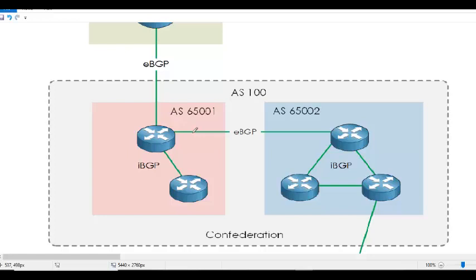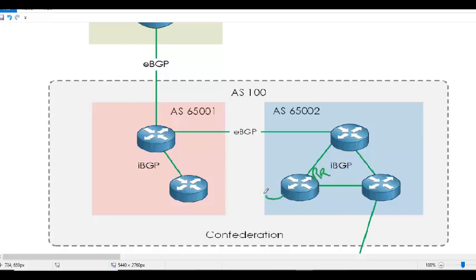Now, in BGP, we also see something called cluster ID. What is that? The router ID of the route reflector server is the cluster ID. See, for example, if you make this router an RR, the router ID of this is 3.3.3.3.